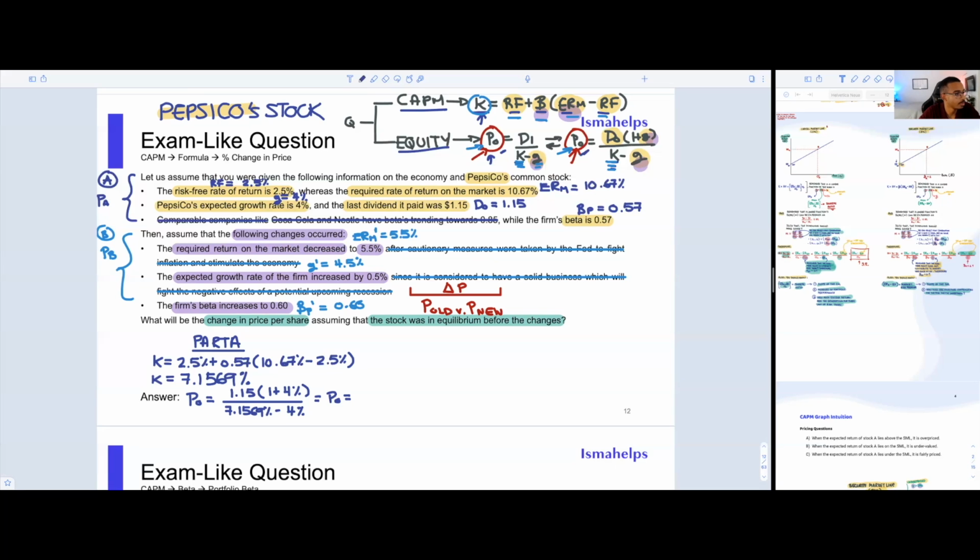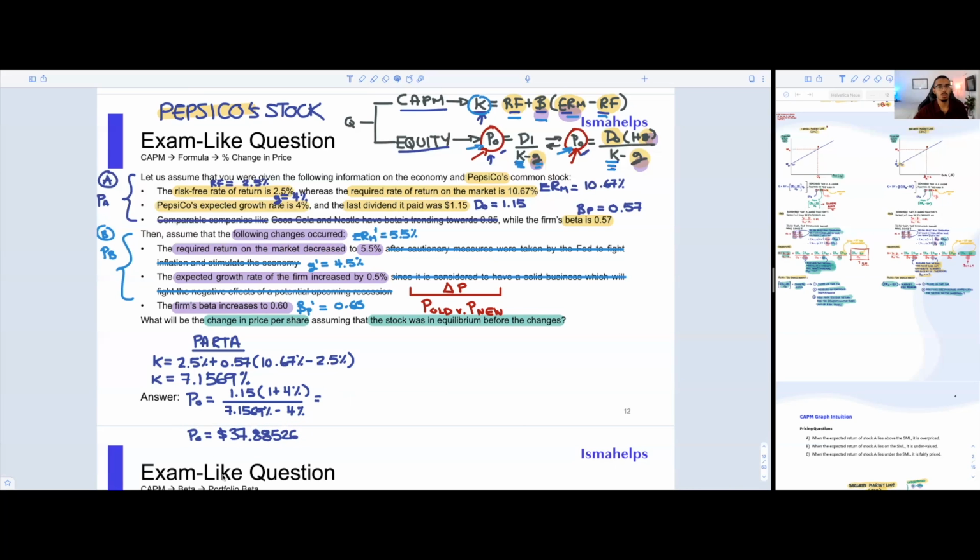Okay. So I'm just going to let my calculator do the thing. And boom, we get that the price of Pepsi should be $37.88526. So that should be the price of PepsiCo's stock, and I'm going to leave it right here.